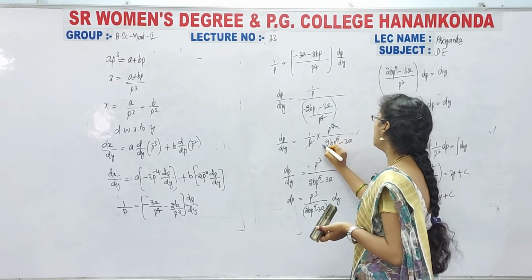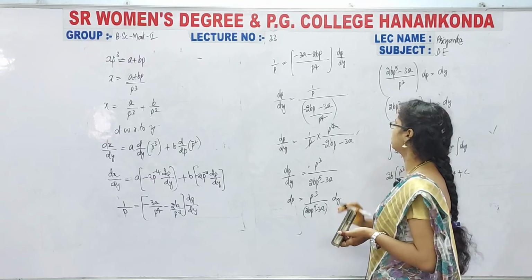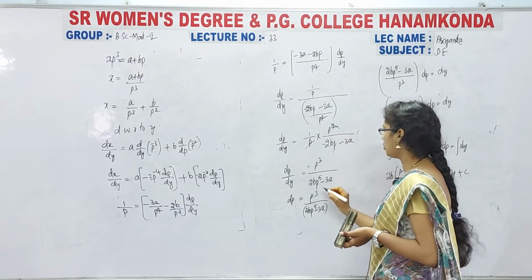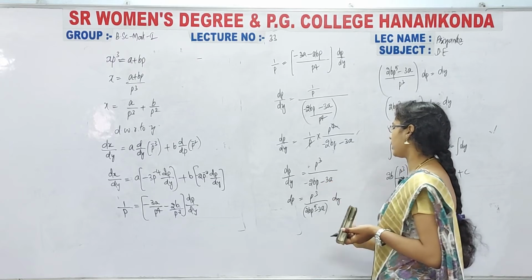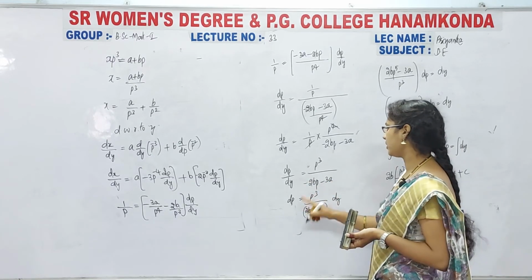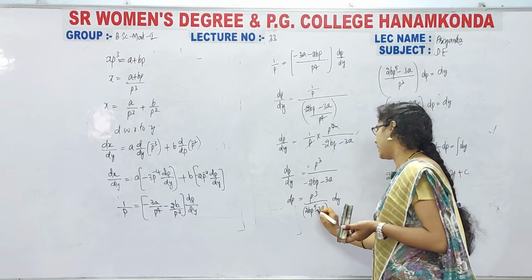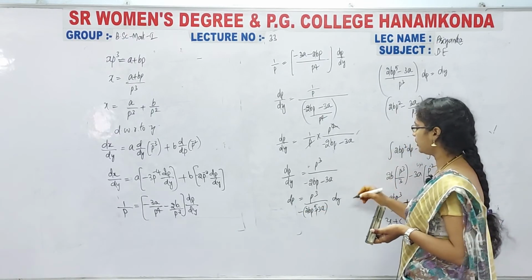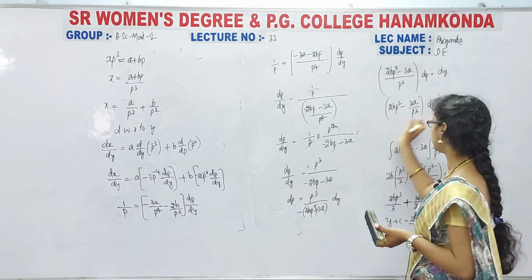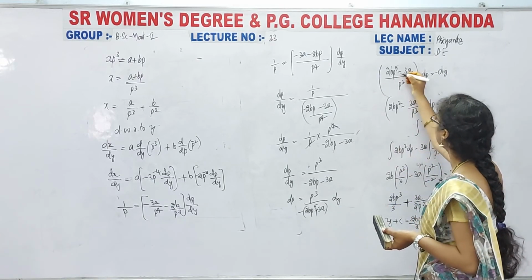So now here minus, so p power 4 and p cube, the next minus 2bp minus 3a. So now dp is nothing but dp equal to p cube by, and here I am writing minus plus. Here you can take the minus here, otherwise you can write here minus y and plus.